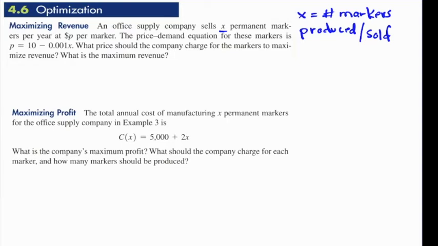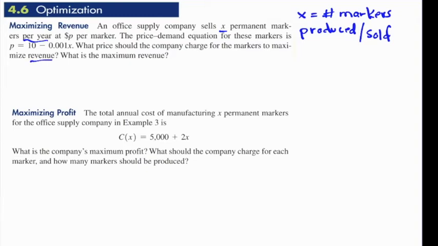So an office supply company sells X permanent markers per year at P dollars per marker. The price demand equation for these markers is P equals 10 minus 0.001x. What price should the company charge for the markers to maximize revenue?